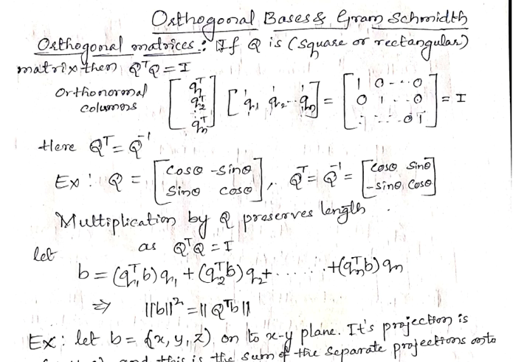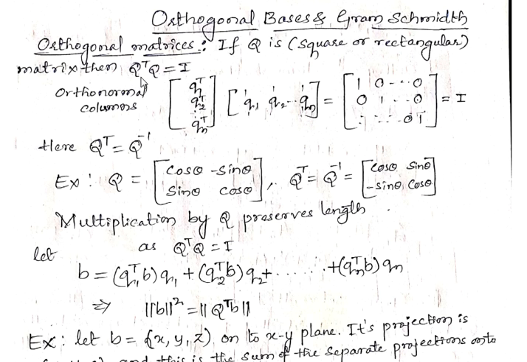For orthogonal matrices, if Q is a square or rectangular matrix with orthonormal columns, then Q transpose Q is I. Q transpose is a row matrix and Q is a column matrix, so Q transpose Q is an identity matrix.